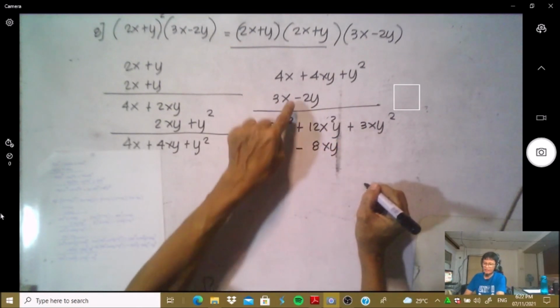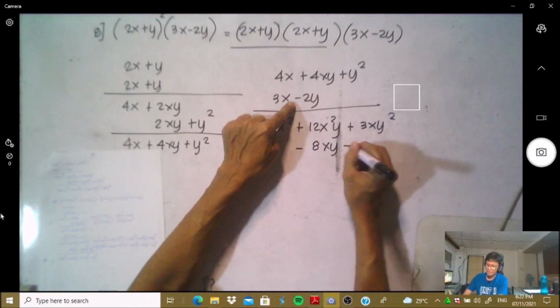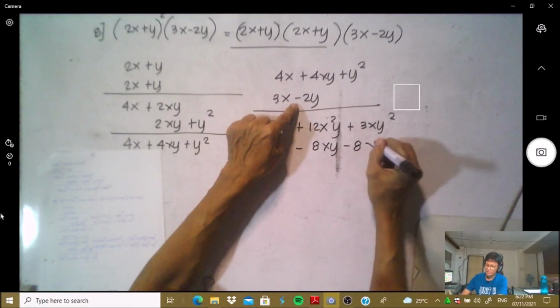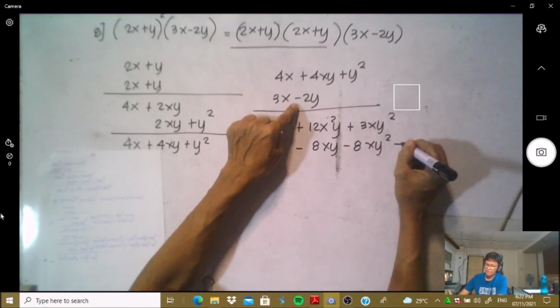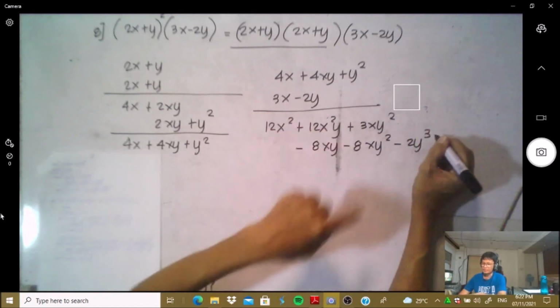Then we have negative 2 times 4 is equal to negative 8xy squared. Then minus 2y cubed. That is 2y times y squared.